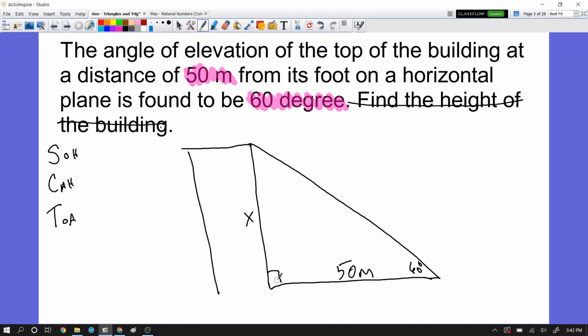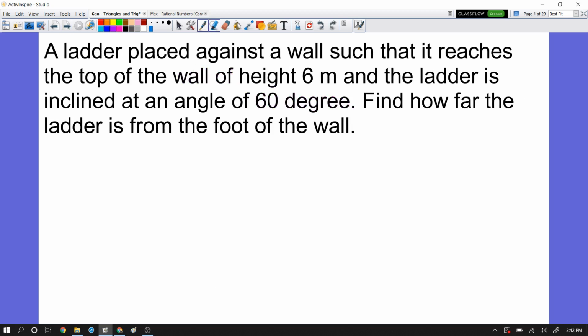And of course, going through and labeling opposite. And that would mean that this is adjacent, and this is your hypotenuse. Key things again: are we given a degree measure? Yes, that means we are not doing inverse, and we're given a side measure, so fantastic.